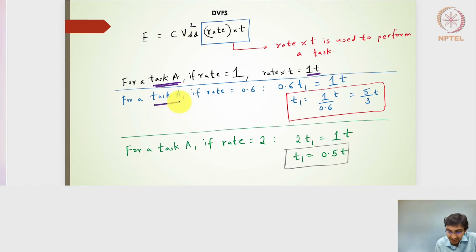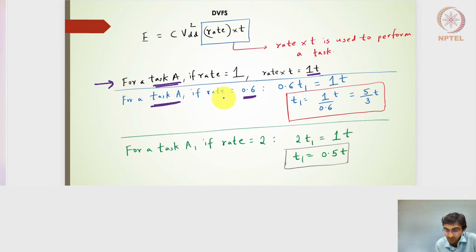Let's say that for the same task A, instead of the rate being configured as 1, I configure it to 0.6. Then rate multiplied by t will be different, in the sense that if the task A requires 10 switchings to be done in 10 seconds, and the rate is 1 switching per 1 second, then it requires 10 seconds to complete the 10 switchings.